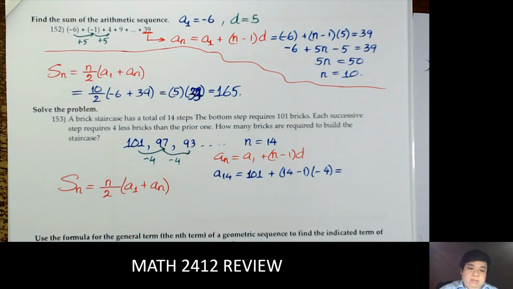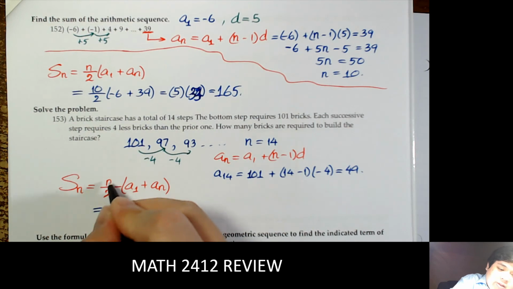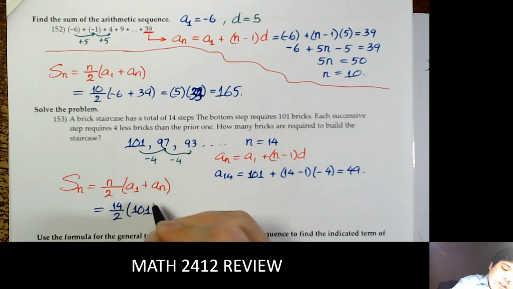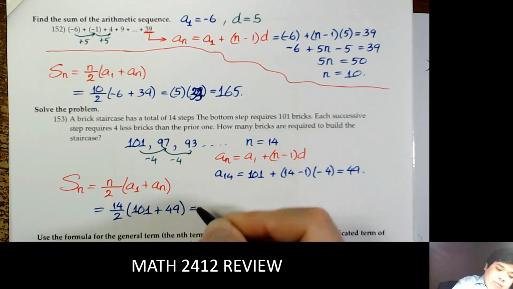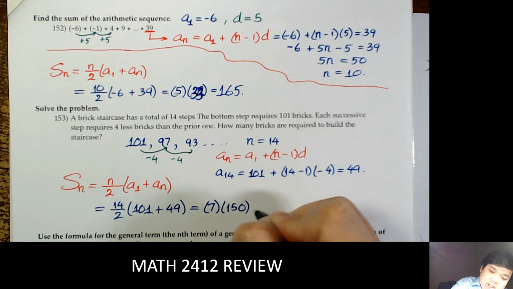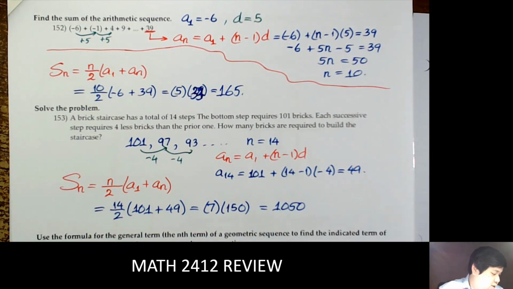So 101, I just use a calculator here. 101 minus 4 times 13, 49 steps. So the top has 49 steps. n is 14 over 2, times 101 plus 49. So 7 times 150 is 1050 bricks.